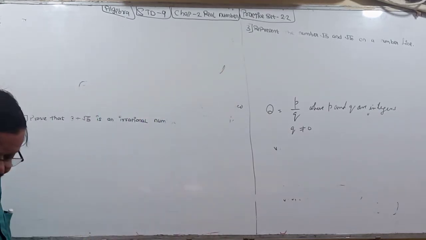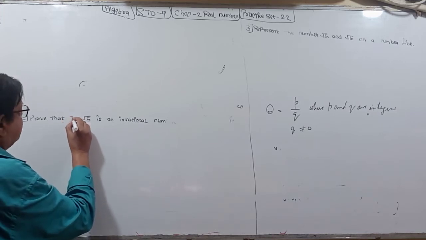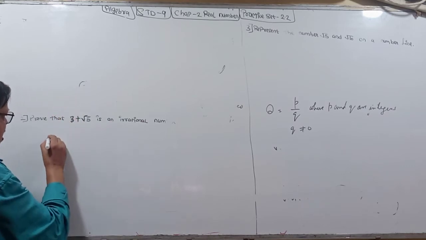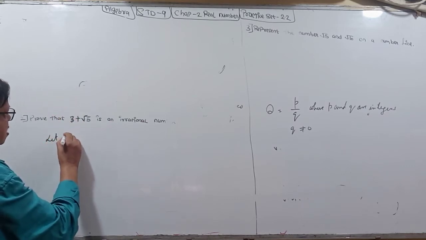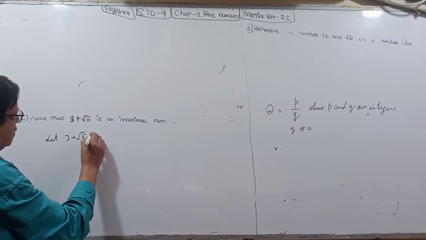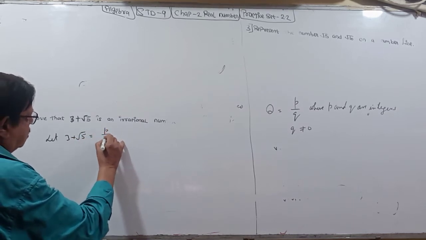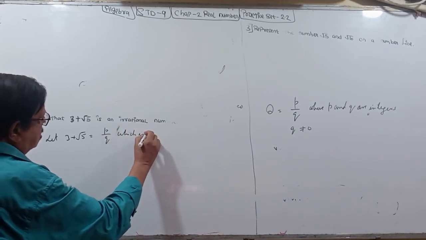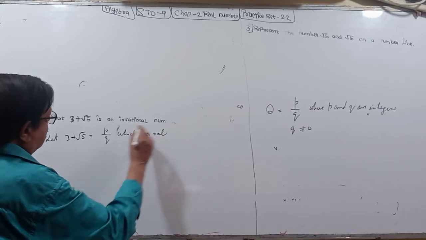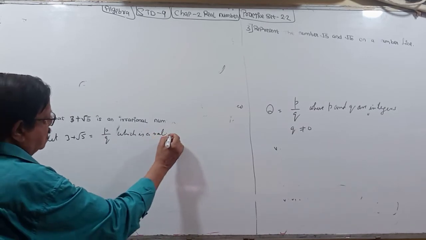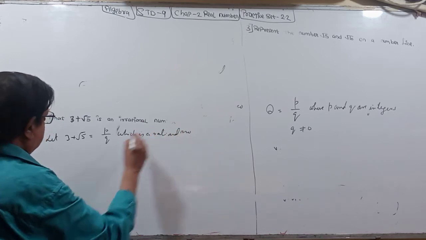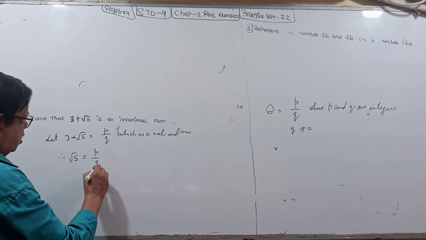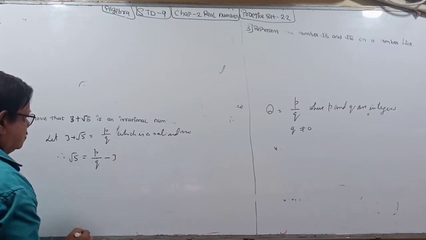In the same way, let us take 3 plus root 5. Let 3 plus root 5 equal p upon q, which is a rational number. Therefore, root 5 equals p upon q minus 3.